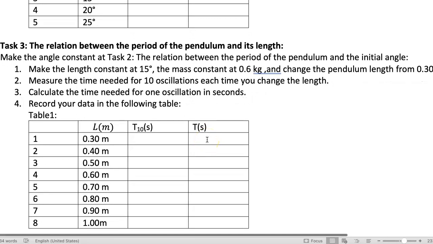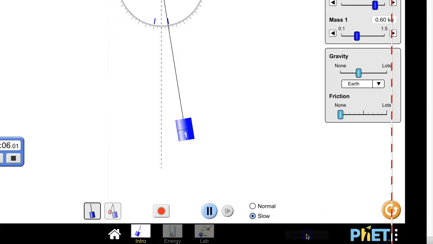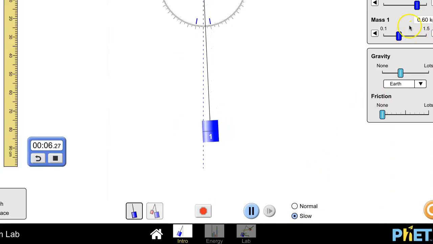The last task related to the pendulum, we are going to study the relation between the period and the length, and therefore we are going to have the angle here. Keep it at 15, and the mass, keep it.